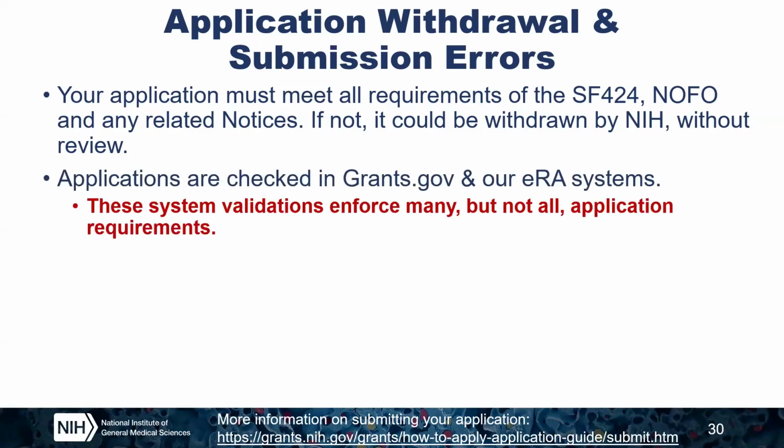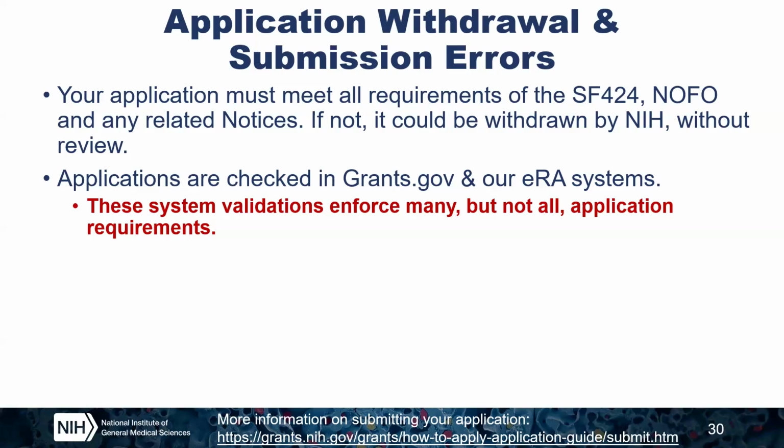Now, when you submit your application, grants.gov and our electronic research administration system, ERA, will do some validations. It will check, and you may see some errors saying you don't have this and you might need that, things like that. However, this is not all the possible errors or possible requirements that you have.